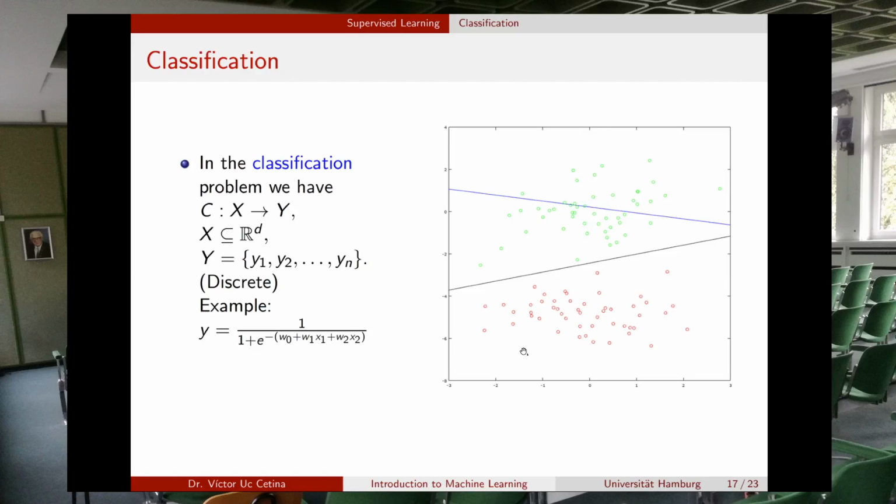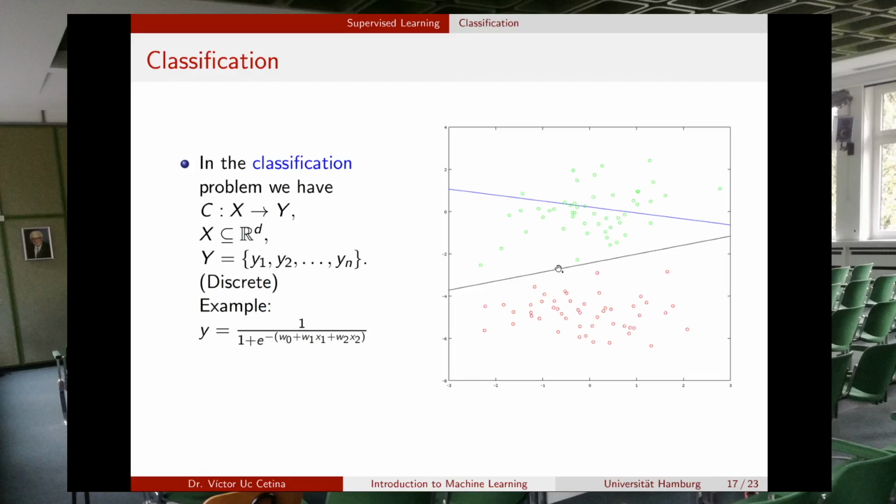When we randomly initialize these parameters w, we get a random line, which was plotted over here. As you apply the learning rules, this line starts to move up to a point where it is placed exactly between the two clouds of points.